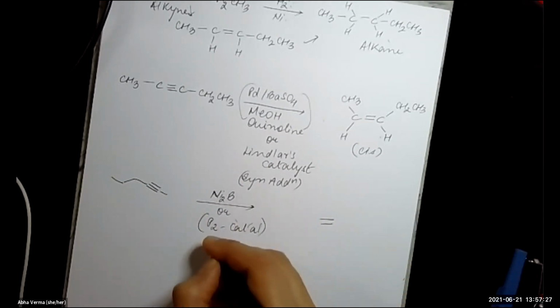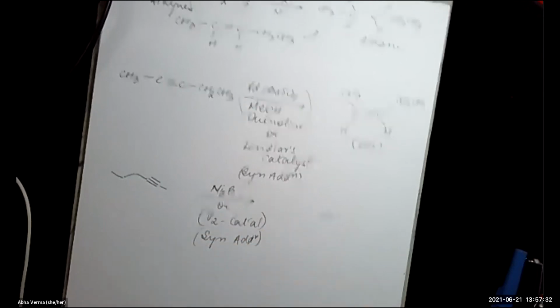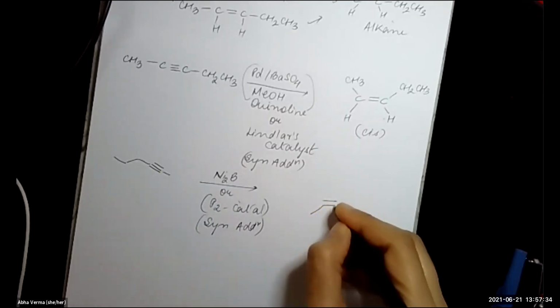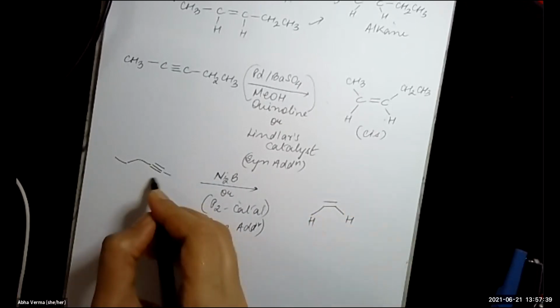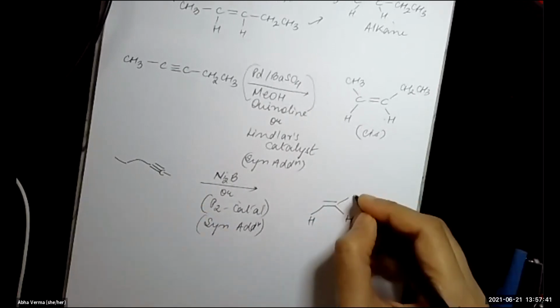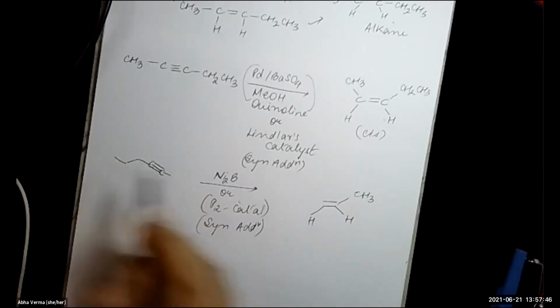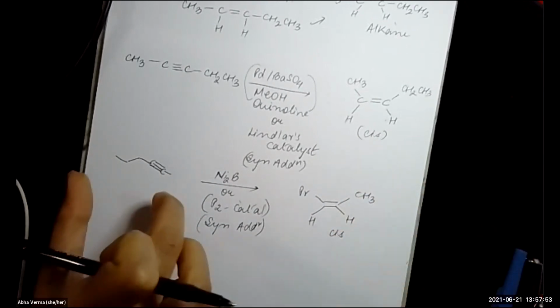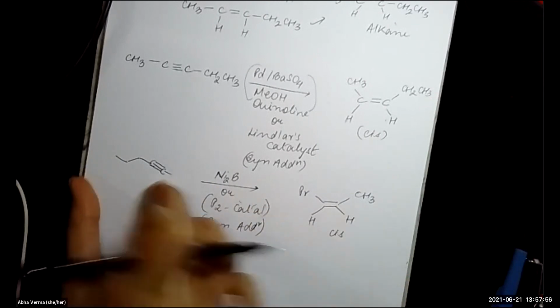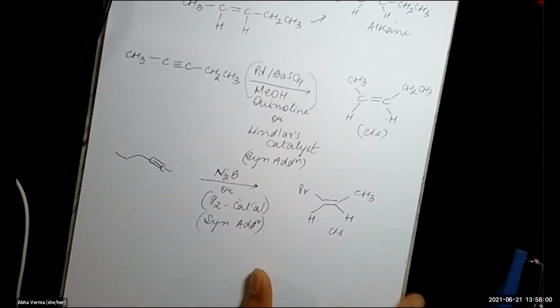This is also going to be a syn addition, right? So both my hydrogens have to be on the same side across these carbons. This carbon has a methyl group. And what does this carbon have? 1, 2, 3, a propyl on it. So I'm still getting my cis. The way I'm seeing it, the way I'm drawing it, if I had not done my practice, I would not be able to do it.